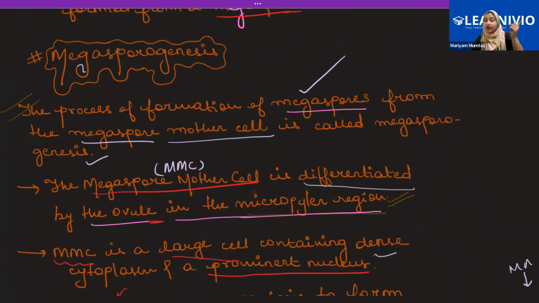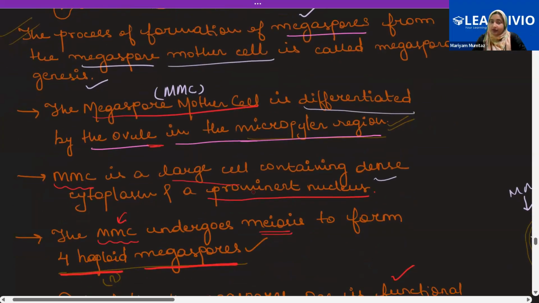In that, we saw the process in which microspores were formed from the microspore mother cell. Right? Now, the megaspore mother cell is differentiated in the ovule in the micropylar region. So it is present towards the top side, towards the micropyle.